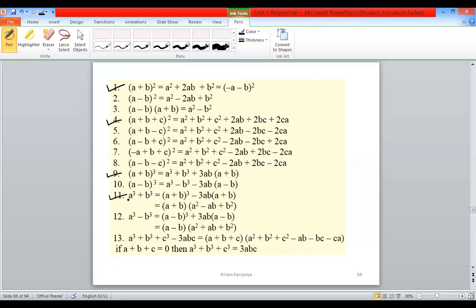Now I give you one more hint to remember this, and this last one you must remember. If you know these 5 identities, the remaining are easy to remember. How? First of all, look at the screen, all students.